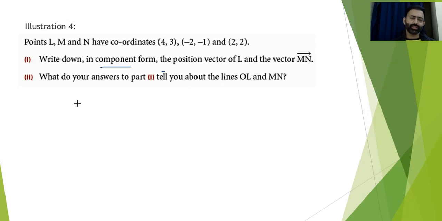The position vector of L is always the position of this final point, L, with respect to the origin, and we write this vector as OL. Whenever we have to define a vector, be it a position vector or any vector, what we will do is subtract the coordinates of the first point from the second point. Please remember this.